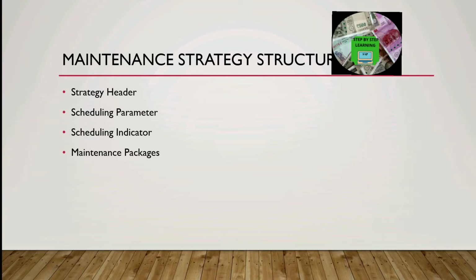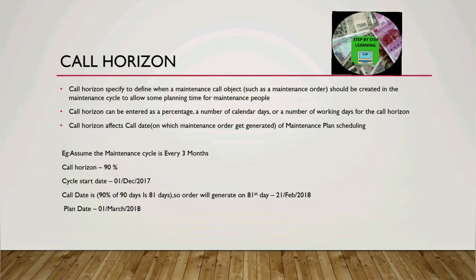Okay, move to the scheduling parameter call horizon. So what is call horizon? Call horizon is specified to define when the maintenance call object should be created in the maintenance cycle to allow some planning time for maintenance people. From the definition you can understand the call horizon we can define. So I am starting the maintenance plan on today's date, and I want the maintenance plan to start in the next 3 months.